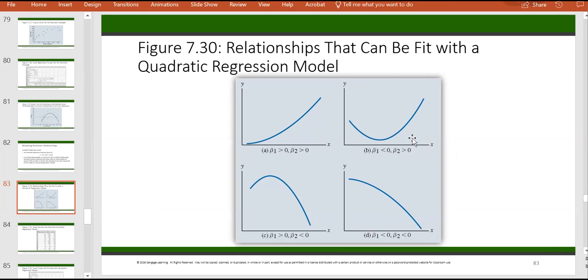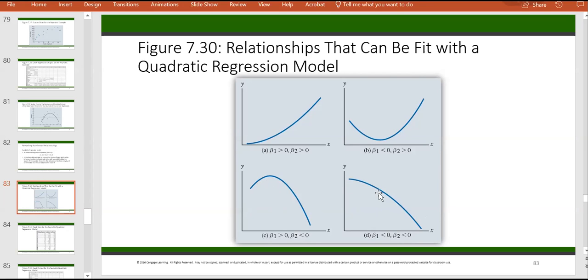So in this case, we have a range of x in which minimum of y happens. And when B2 or beta 2 is negative, we have a downward quadratic curve, which means that there is going to be a range for which the maximum of y happens.